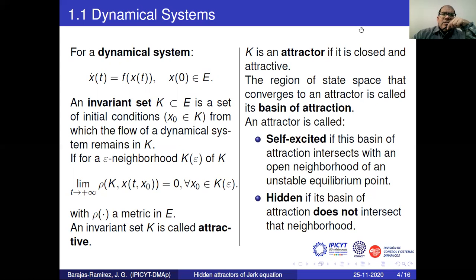Self-excited attractors are very simple to identify since you start near an equilibrium point, and if this attractor exists, then you easily converge to it. Hidden attractors have been of more recent interest because they appear in places where we would not expect dynamics to exist.